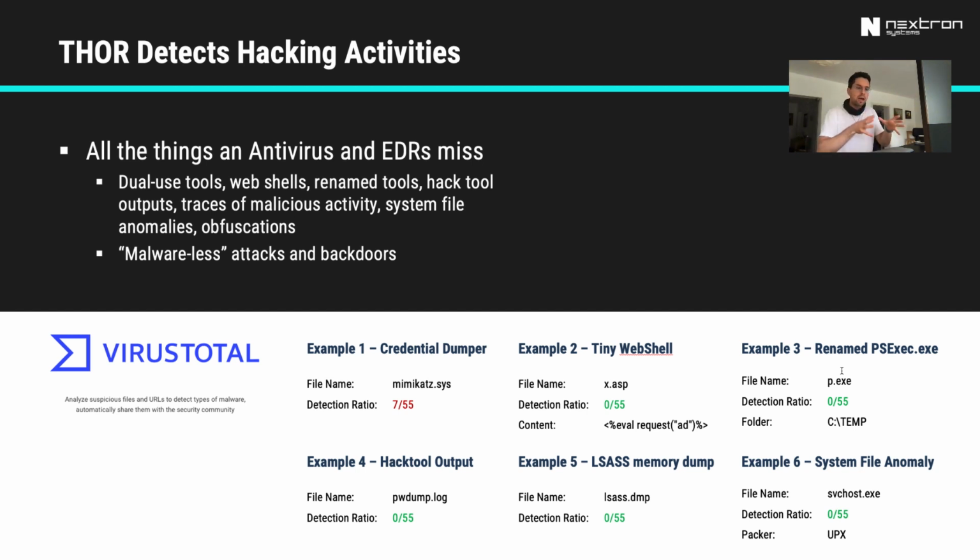And then you can combine the content of a file with its name, with its location, with its extension. For example, you can say if the magic header of a file is that of a portable executable, and the extension is txt or JS or something else, you could write a rule for that and highlight this anomaly on end systems.